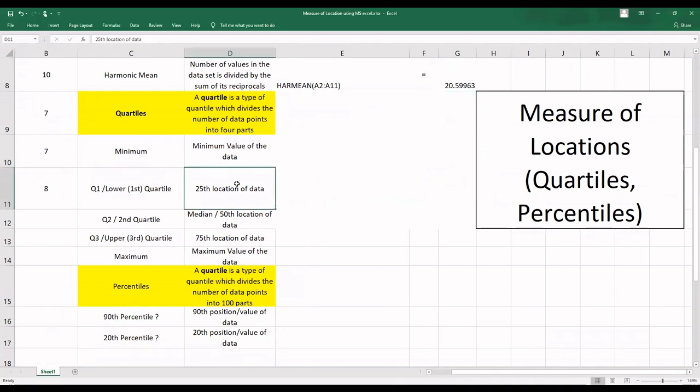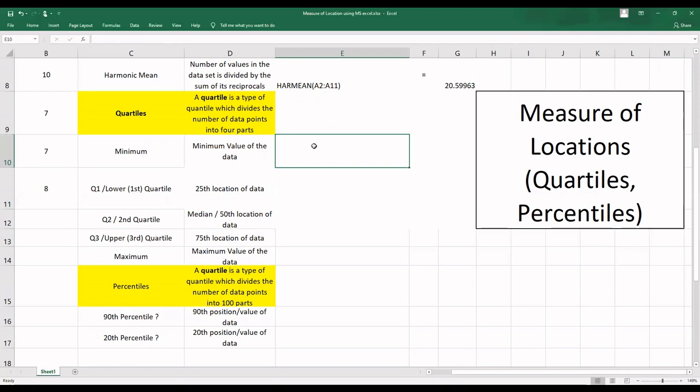Q1 is known as the lower or first quartile, also known as the 25th location of the data. We look at finding the data location at the 25th, the middle 50%, the median, and the 75th location of that data, and maybe the maximum value.